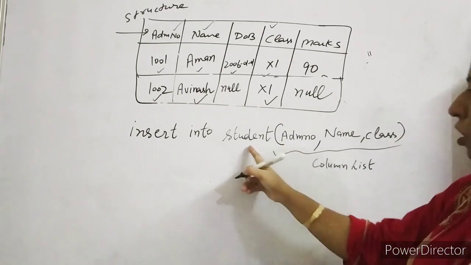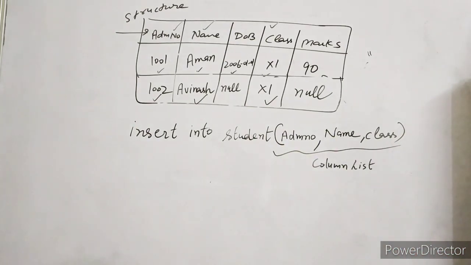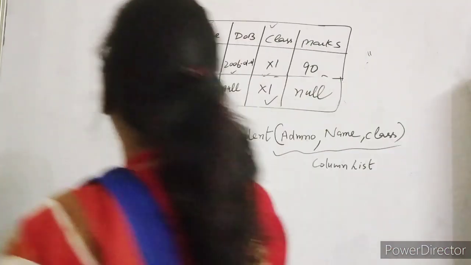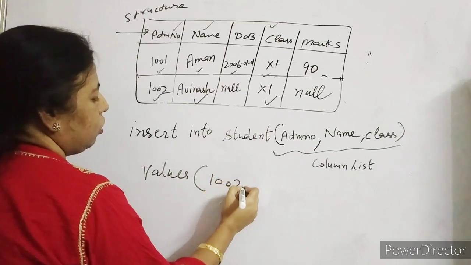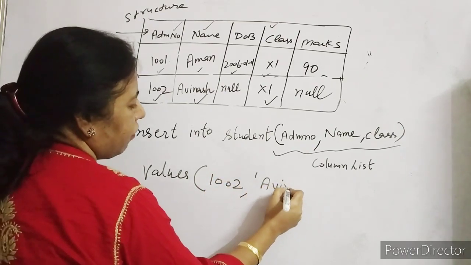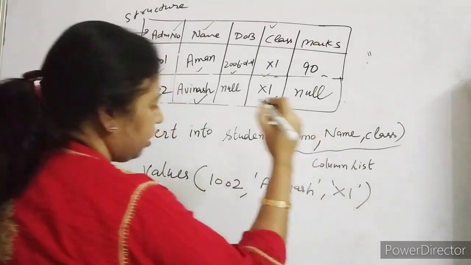You have to mention this column list in front of the name of the table. Then write the values. First value is 1002. Name is Avinash. And third, class is 11. Clear?